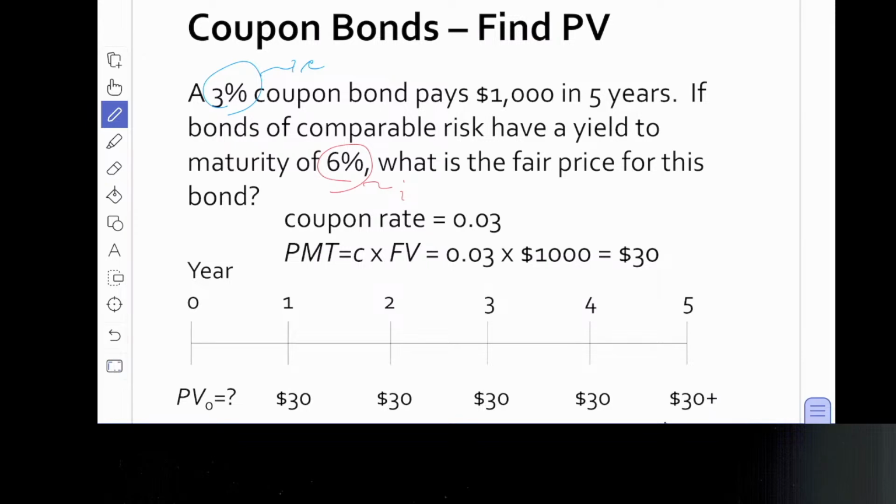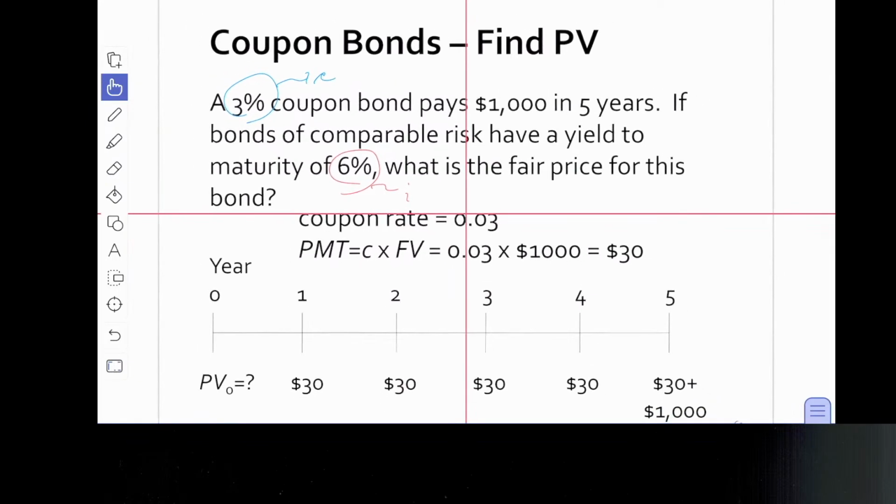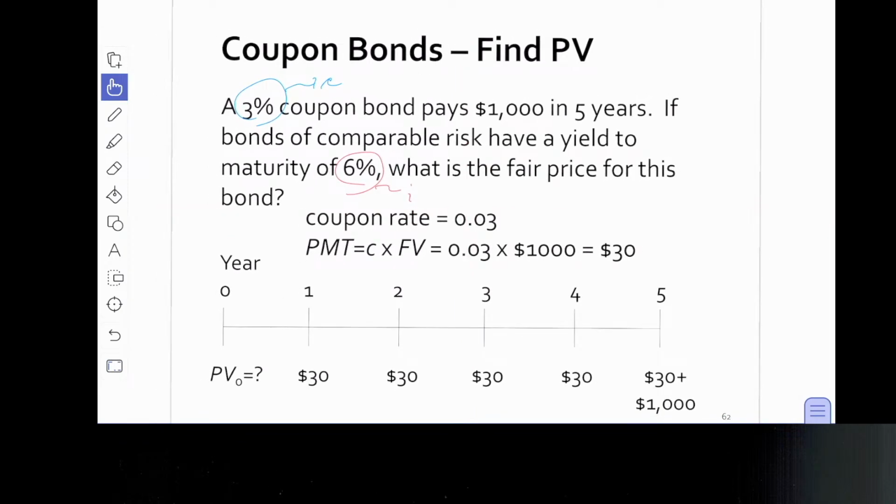And here's the timeline, and I'm going to shrink it again because I want to show you that base value there. All right, so what do we expect? Is this going to cost more or less than the par value bond?